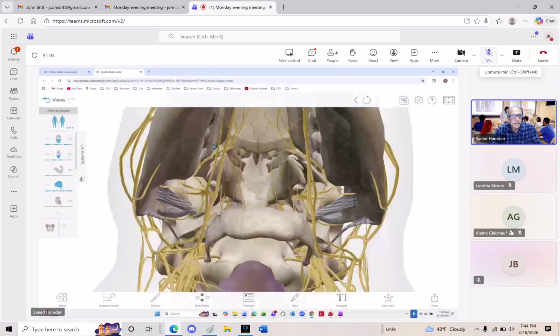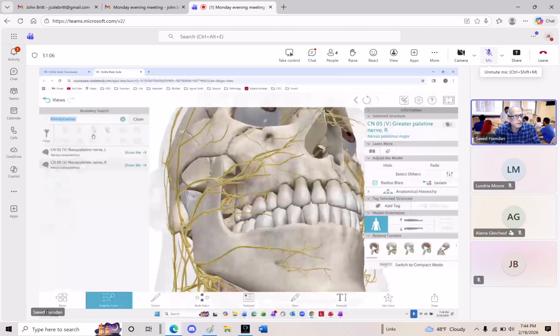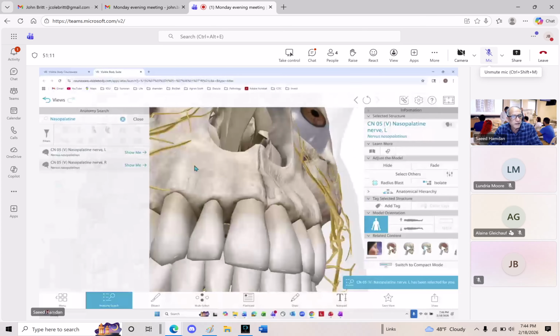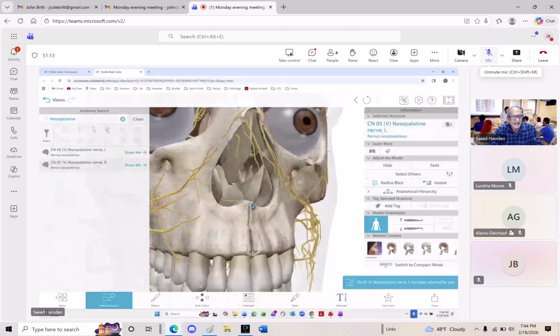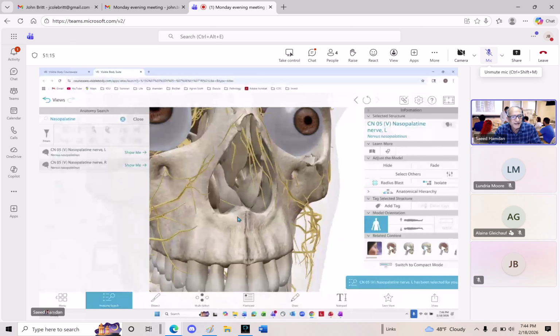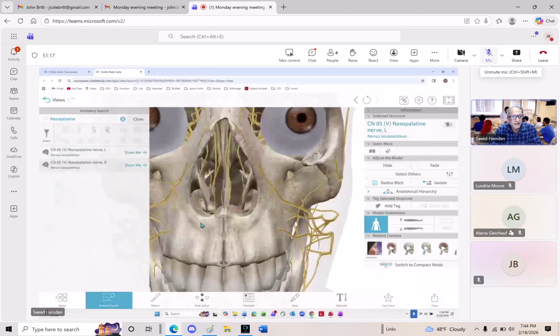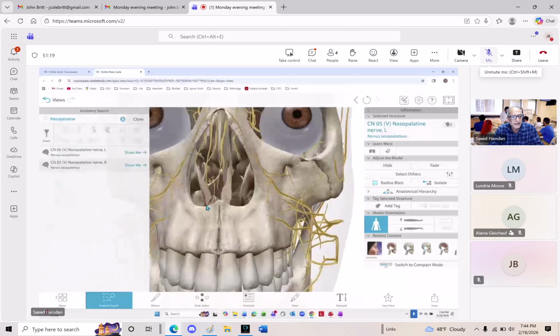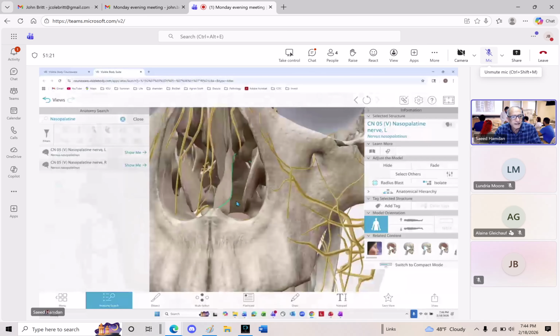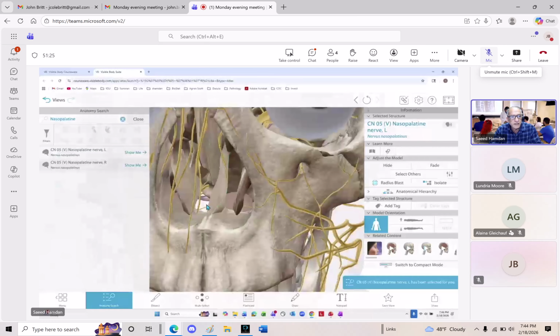This is the greater palatine, it has to be down there somewhere. I don't see it. Is this it? I think so. Yeah, that's it. Actually, it's showing that's it.